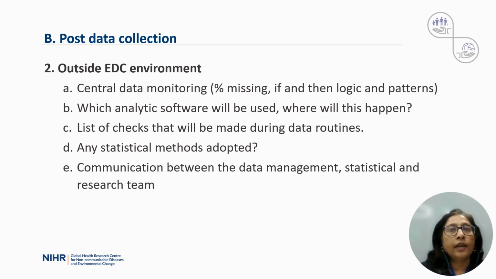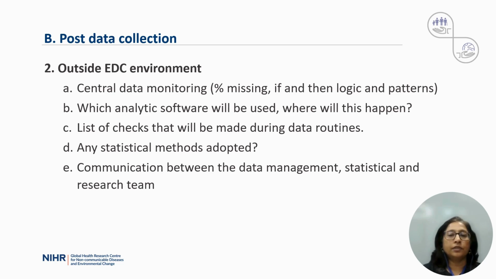You can also take the data outside the system, take it through statistical software, and monitor the data. For example, you can check what percentage is missing across all the variables. It's very easy to dig out how much percentage of values the data is missing, irrespective of whether they are critical or non-critical.